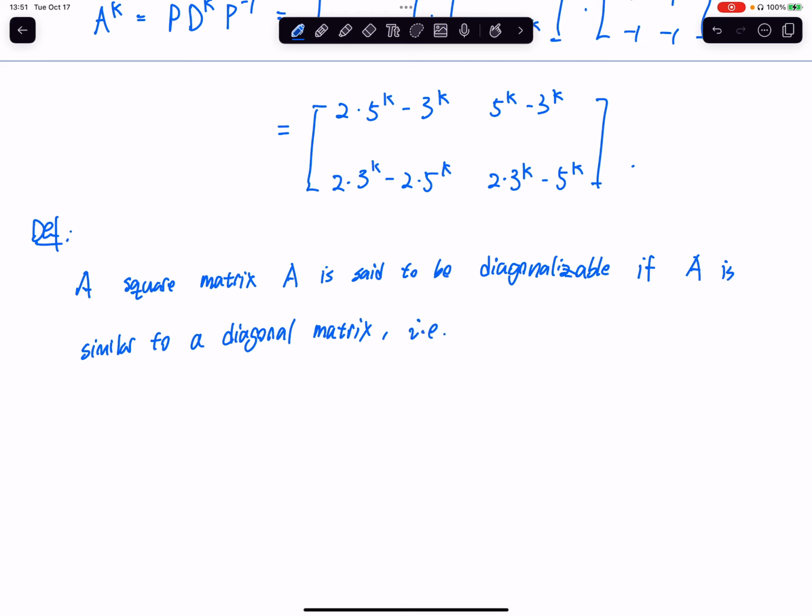That is, A equals P D P inverse for P invertible and D a diagonal matrix.